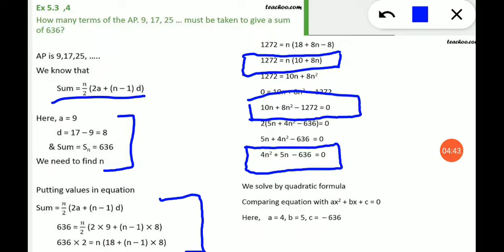I am using the quadratic formula for solving this equation. When we compare, we get a is equal to 4, b is equal to 5 and c is equal to minus 636.